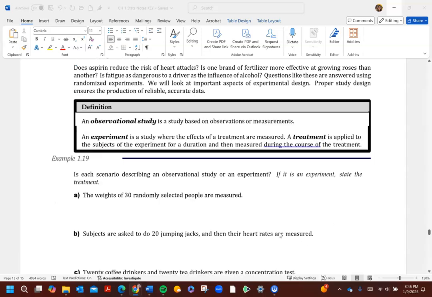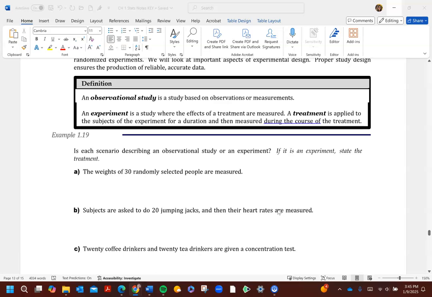So in these scenarios here, for example, 1.19 is each describing observational or experiment. If it's an experiment, state the treatment. A, the weights of 30 randomly selected people are measured. Think about if that is observational or experimental.